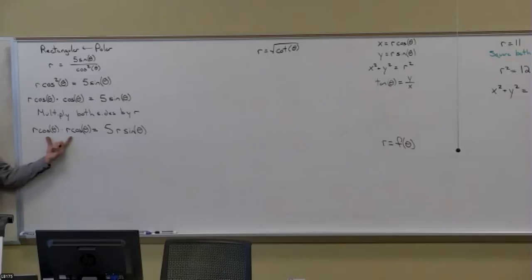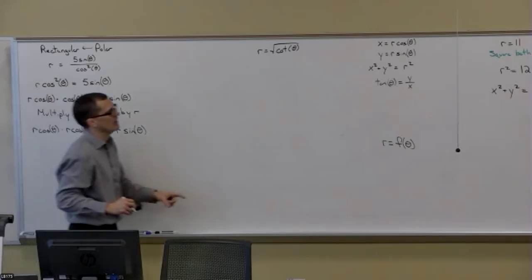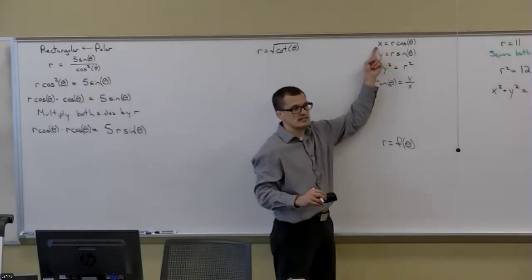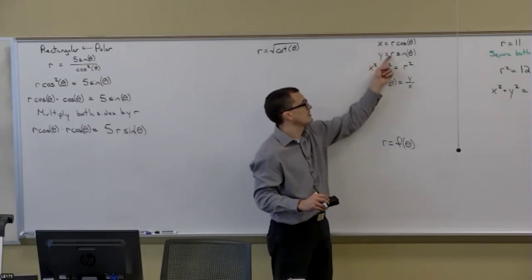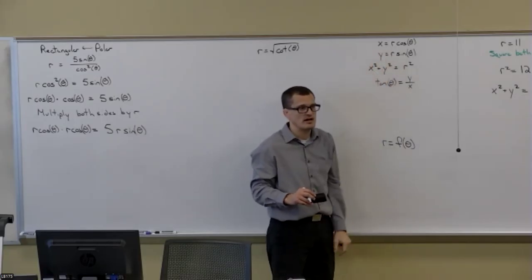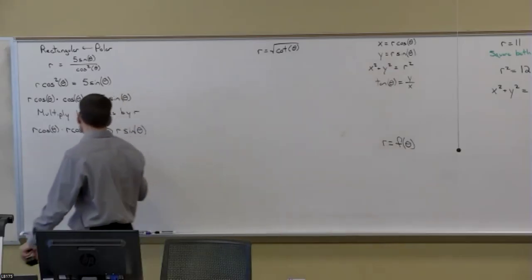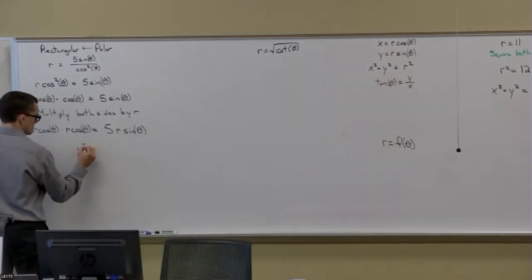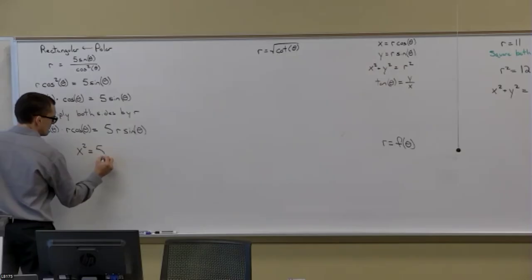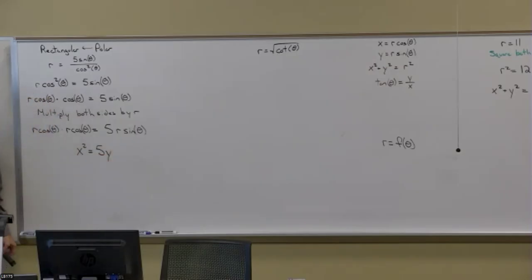But the point is that now on the left, I have r cosine theta twice, so that's x squared. On the right, I have 5 times r sine theta, that's 5y. So I get x squared is equal to 5y. So we have a parabola.